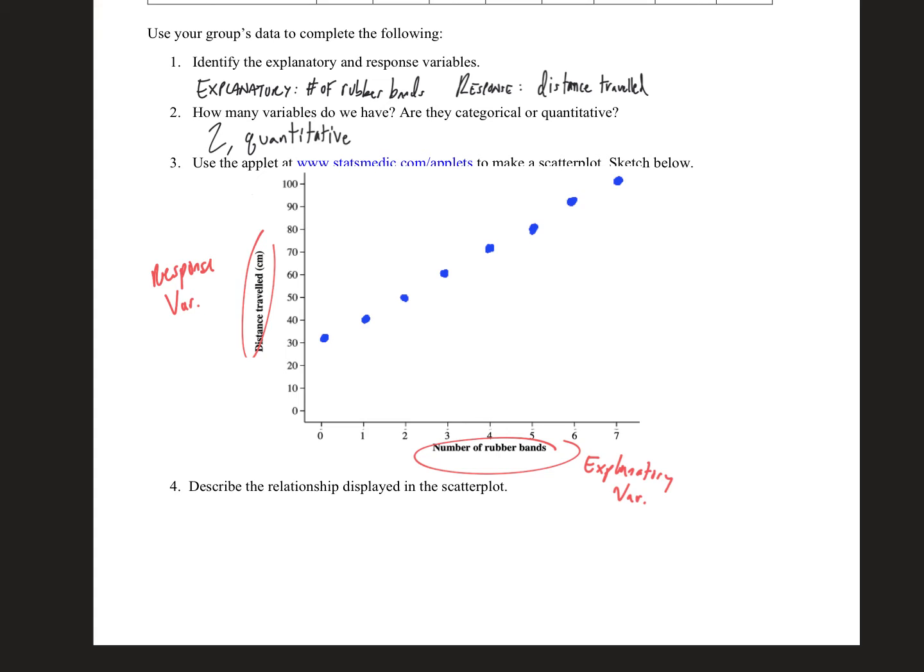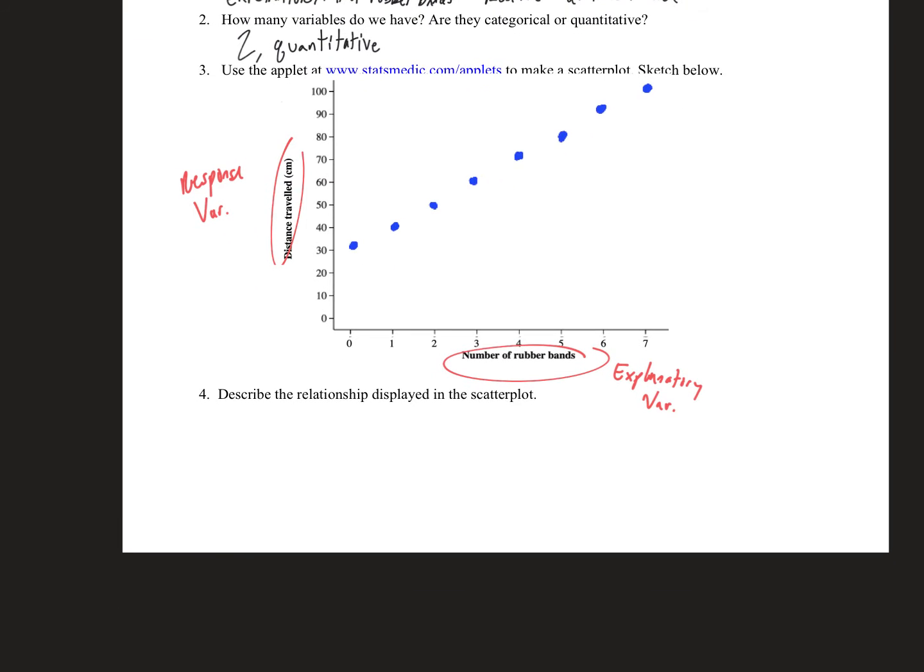It's kind of like what we did when we were describing graphs way back in Unit 1. It's a little bit different, but there is an acronym to help you guys remember the four criteria for describing a relationship here, and it's DOFS.